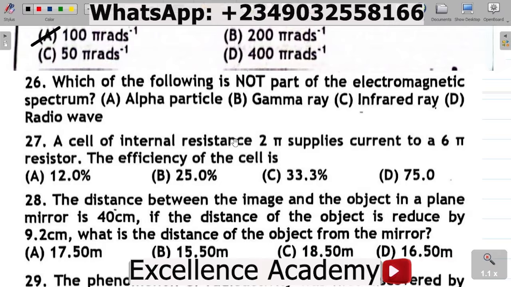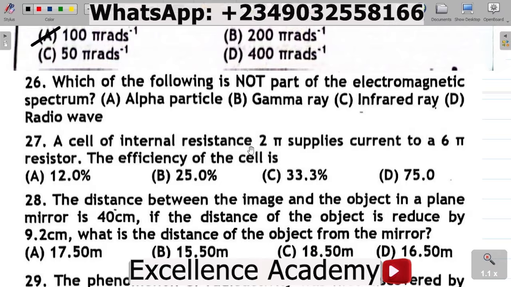Note that the electromagnetic spectrum is a whole range of electromagnetic waves, which includes gamma rays. So gamma rays is there. Number 2, UV light, or visible light. They also have number 3, microwaves. You have number 4, radio waves. You have number 5, X-rays.